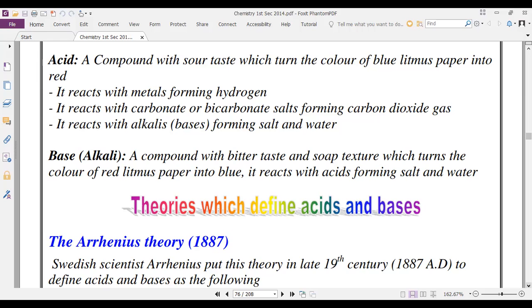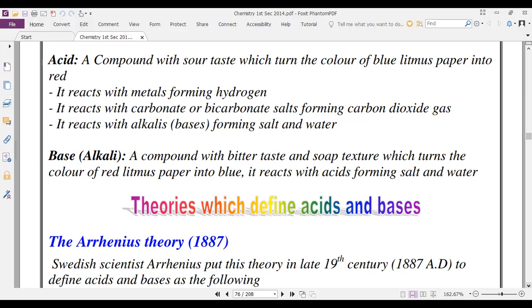What about the bases? Base or alkali is a compound with bitter taste and soap texture, as when you touch a piece of soap.